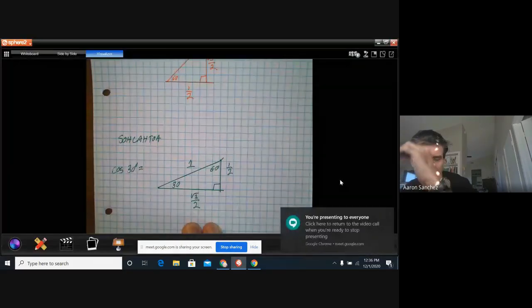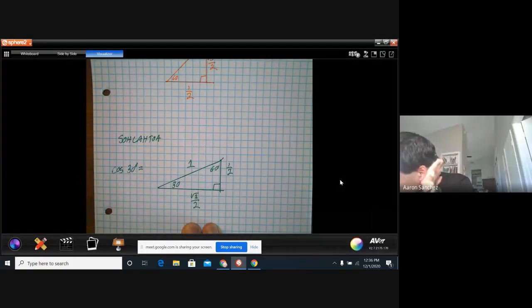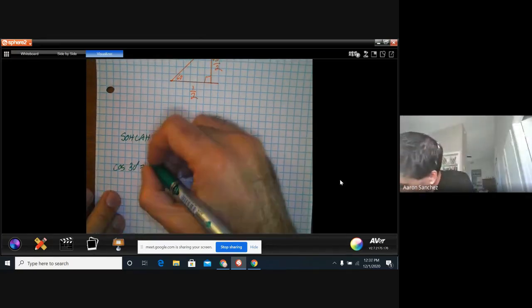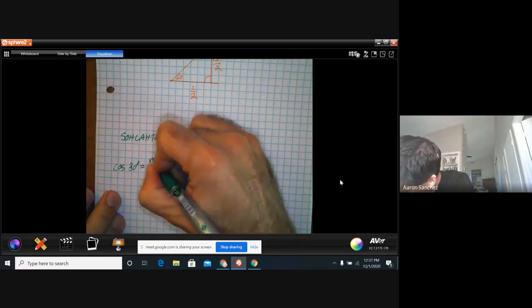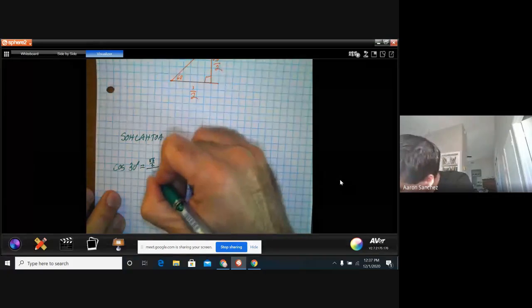Ethan, what is cosine of 30 degrees? Square root 3 over 2 over 1. Very good. Ethan, hang on a second. Root 3, can you read my little handwriting there? Root 3 over 2 all over 1.